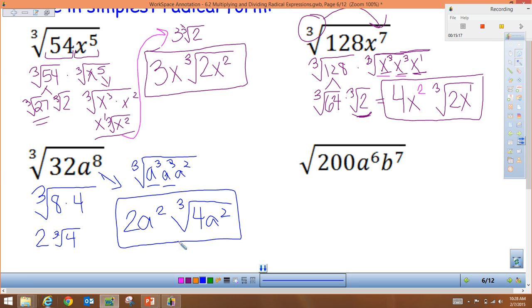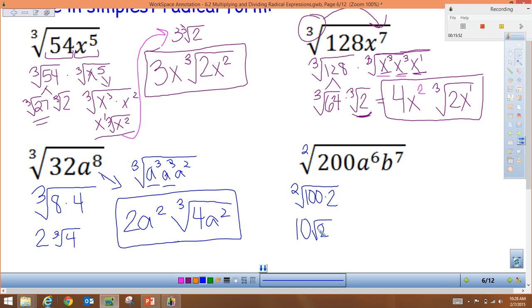Last example here. Now we're working with the square root of 200 a to the 6th, b to the 7th. So what can we separate 200 into that's a perfect square? How about 100 times 2? So this becomes, what's the square root of 100? 10 times the square root of 2.